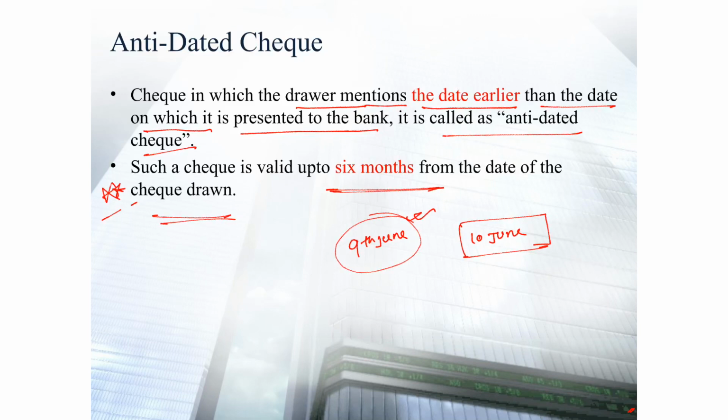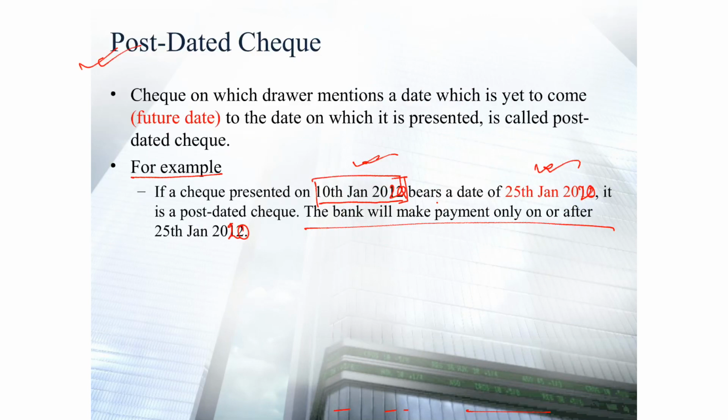It is antedated check or pre-dated. The payment date is 10th June, but you collect on 9th June. But in the post-dated case, the payment date is 10th January and it bears 25th January.